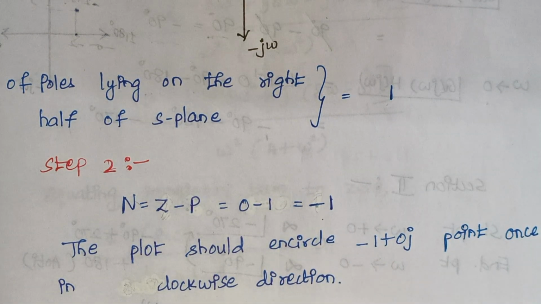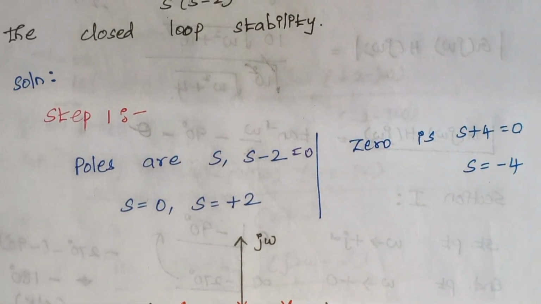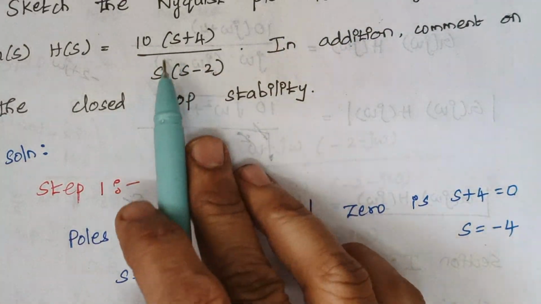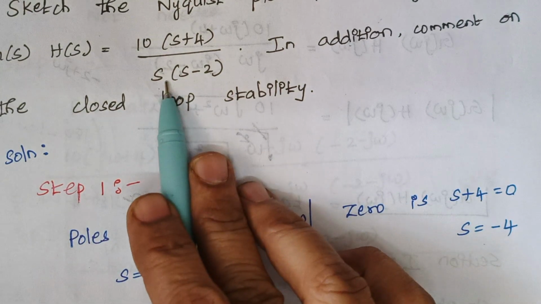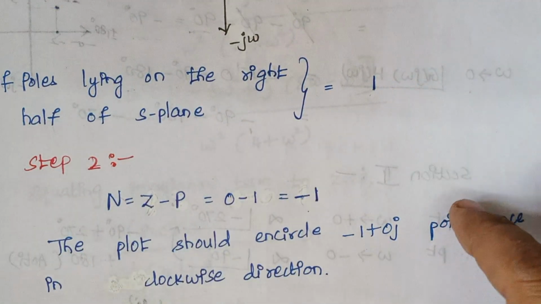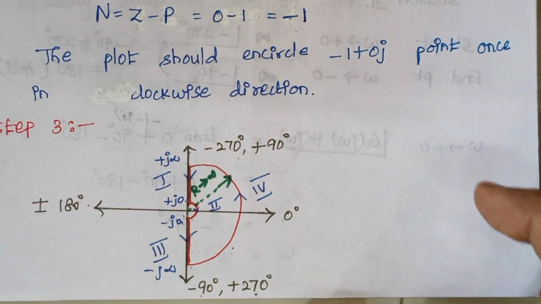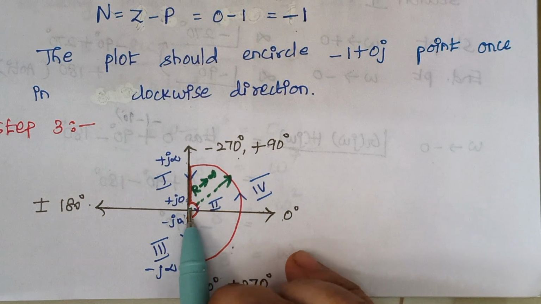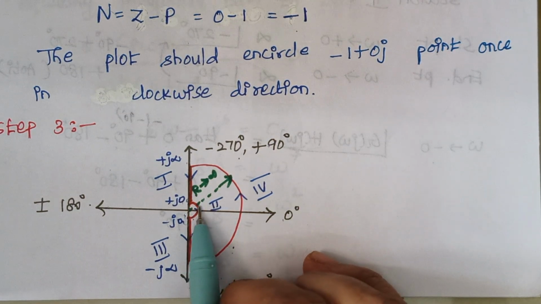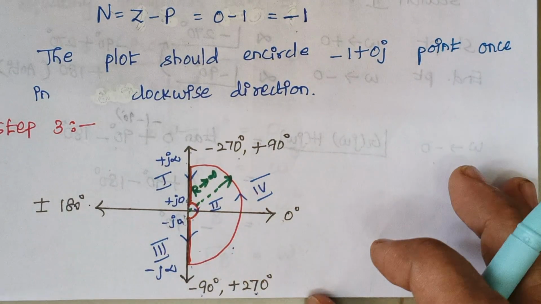Step 3 is drawing a rough Nyquist plot. Again, look back at the problem. In this problem, we have a pole at the origin, so accordingly we have to draw the Nyquist plot. This is our rough Nyquist plot. Since we have a pole at the origin, our plot should not cover that pole, so here we draw a small semicircle like this.